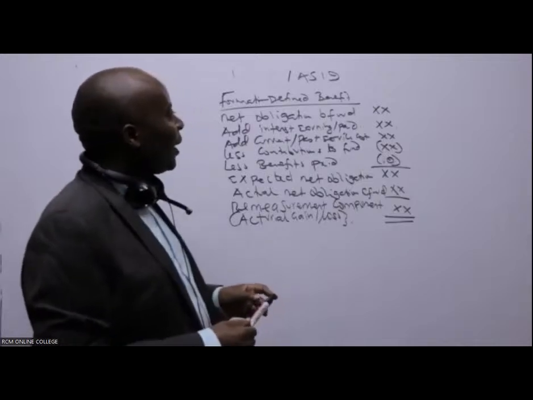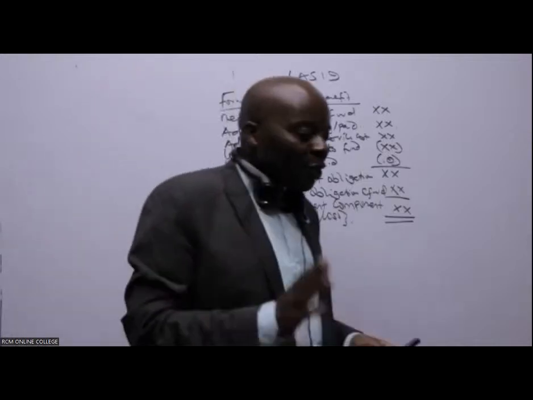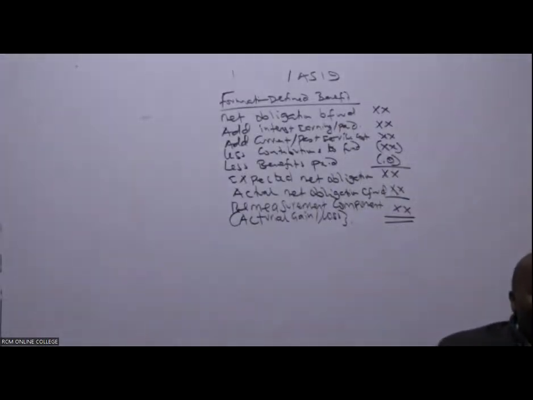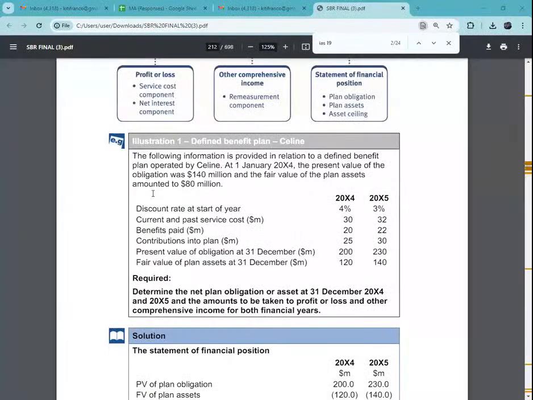So if that is the case, ladies and gentlemen, let's now do this question pretty slowly, in a way that all of us should be able to understand. We are told here, the following information is provided in relation to a defined benefit scheme, operated by a company called Saline.